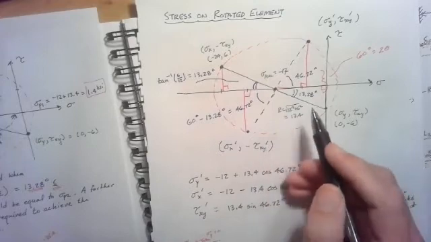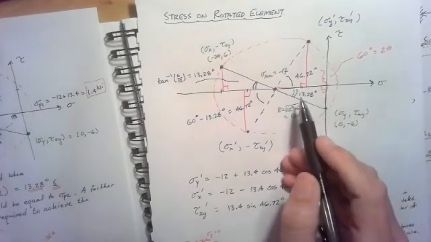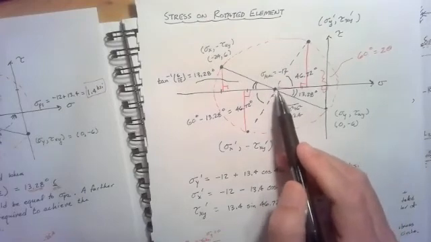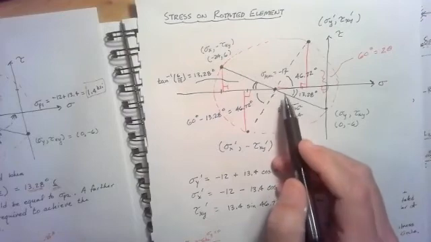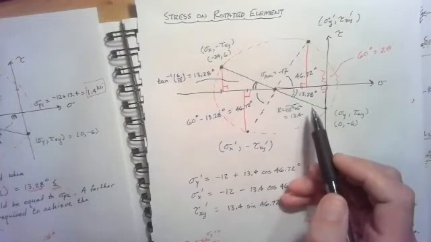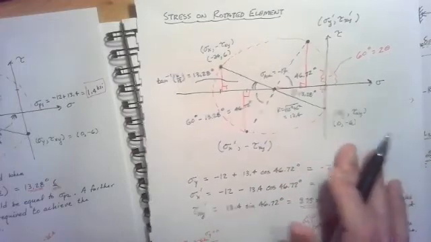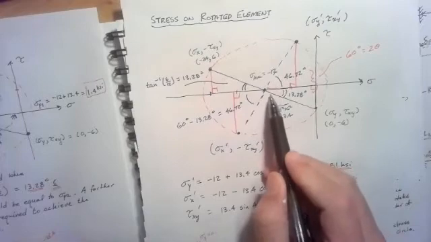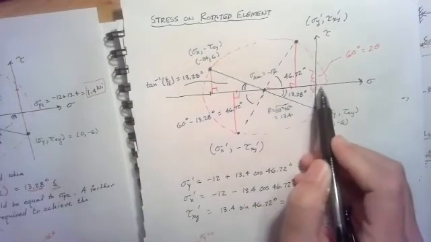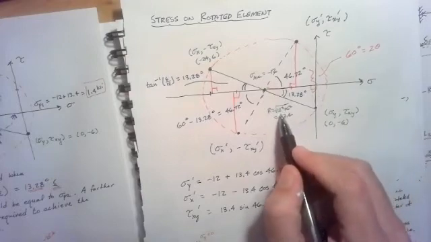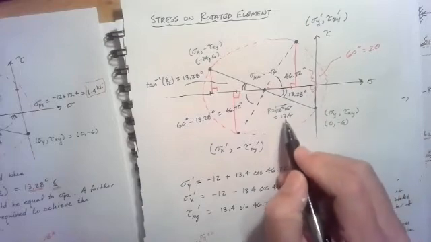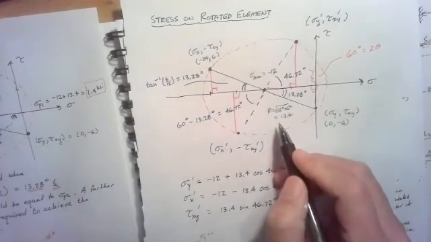And we now have what we need to get sigma average, and sigma average is -12, right there. So if I'm interested in finding the radius, which I should be, the radius is going to be determined using this right triangle, and the radius would be the square root of 12 squared plus 6 squared, and that would be 13.4.